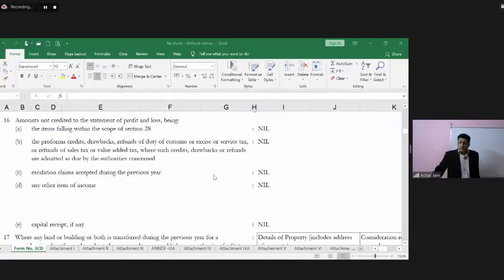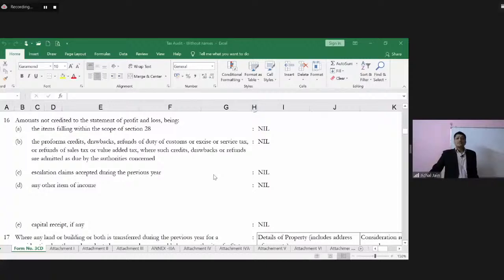Now, the moment this is adjusted with the amount of fixed assets, its impact doesn't get reflected in the P&L. But for the purposes of department, what do they need? They need such income, let's suppose, to become taxable. So this particular clause therefore will help them to track it.